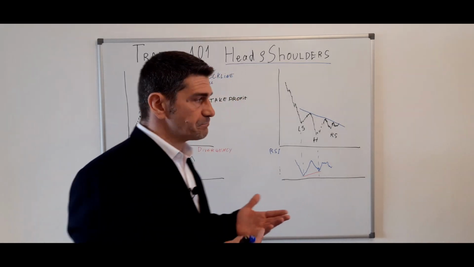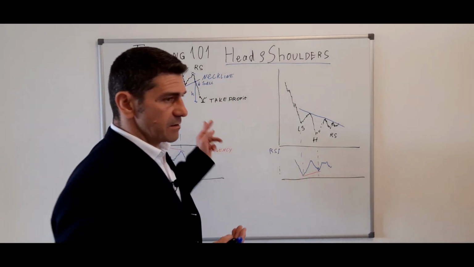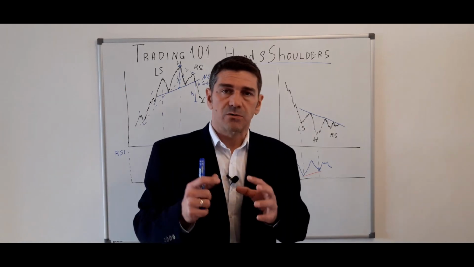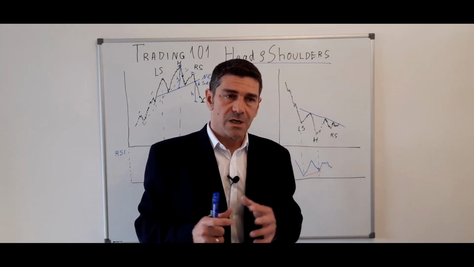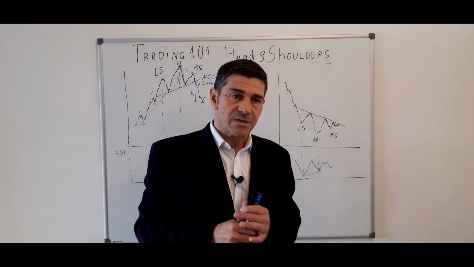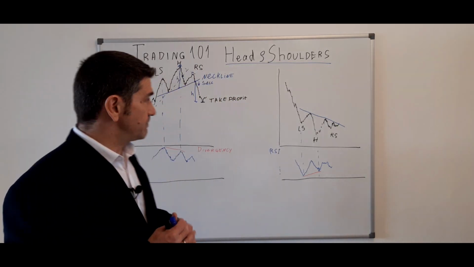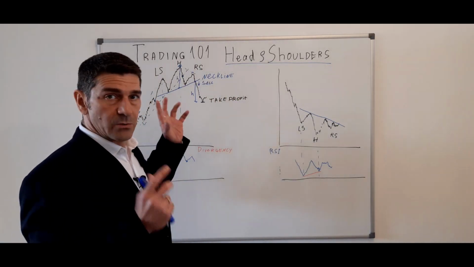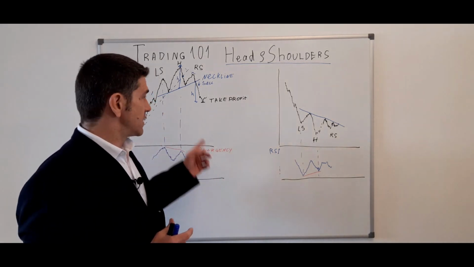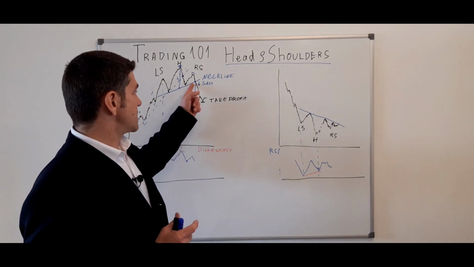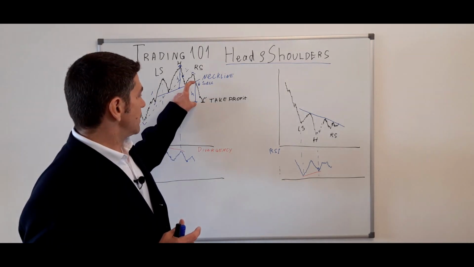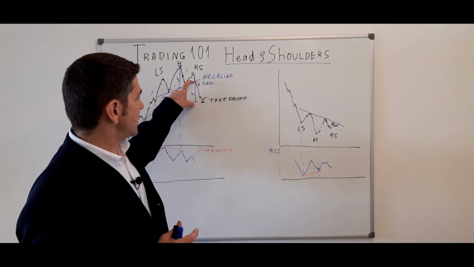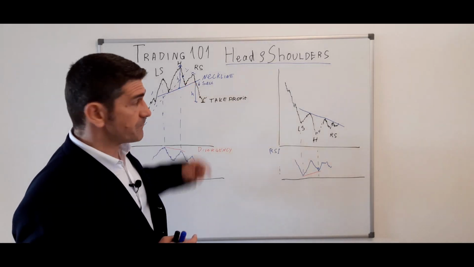And in this case, there are many research studies about how valid this figure, head and shoulders, is. Some of the research says that in 80% of the cases when we have a clear head and shoulders, this is going to happen, and 80% of this target zone is going to be reached.